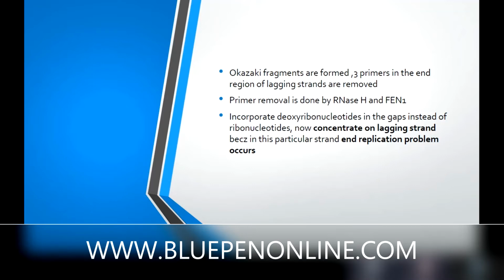What happens after the removal of primer? DNA polymerase incorporates deoxyribonucleotides in the gap instead of ribonucleotides. Now concentrate on the lagging strand, because in this particular strand the end replication problem occurs. Now we are concentrating on the lagging strand. From the diagram it will be clear.